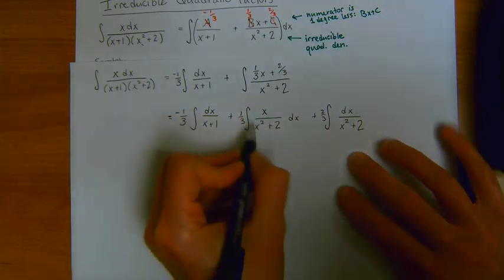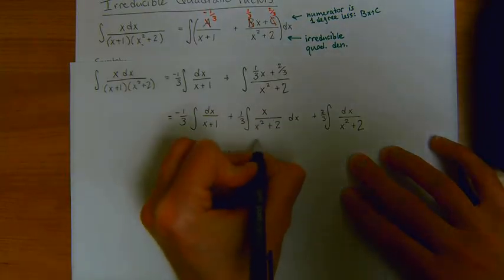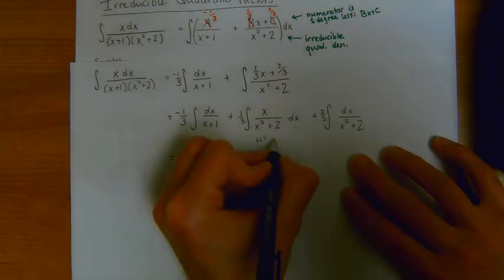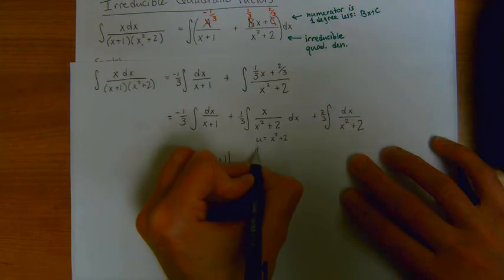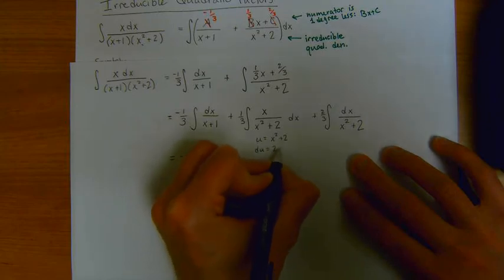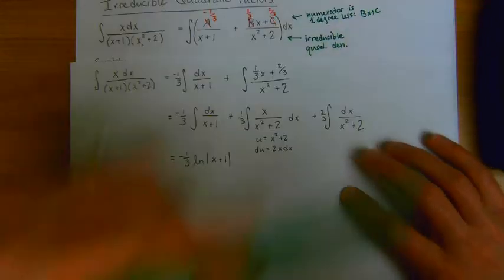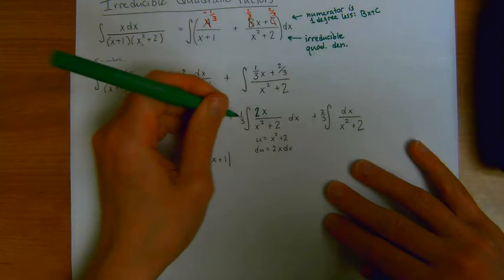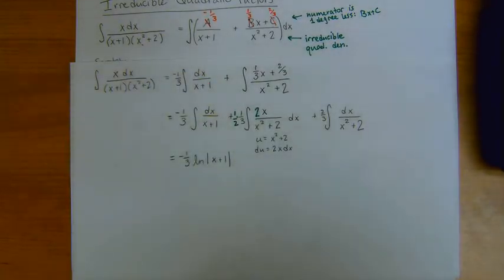This one here, though, I am going to do a u substitution. I need to see that u is equal to the denominator in this case, x squared plus 2. That means that du is 2x dx. I don't have 2 x's, so I'm going to multiply to get 2 x's, and then I'm going to multiply out front by 1/2.